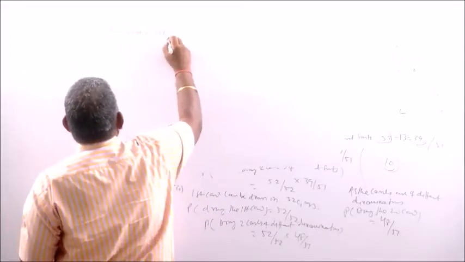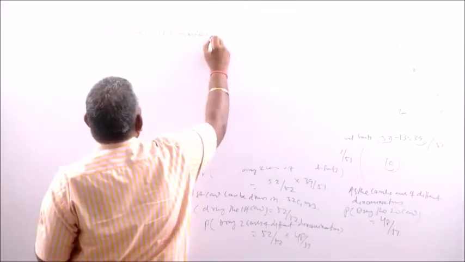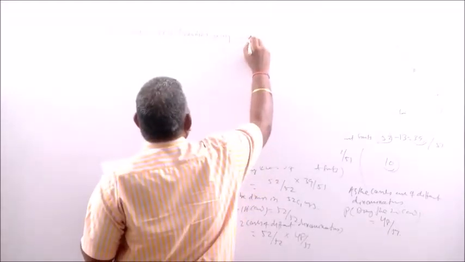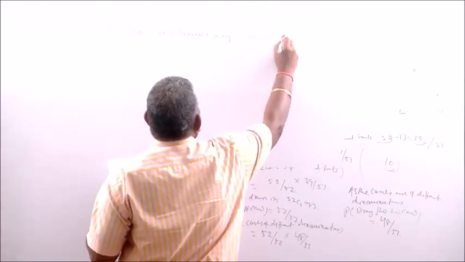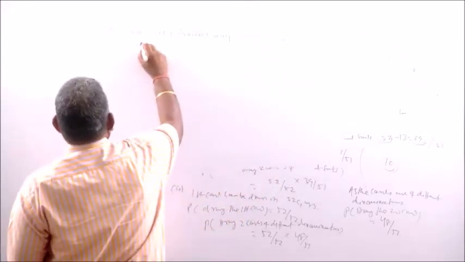From a set of families having 3 children, a family is picked at random.